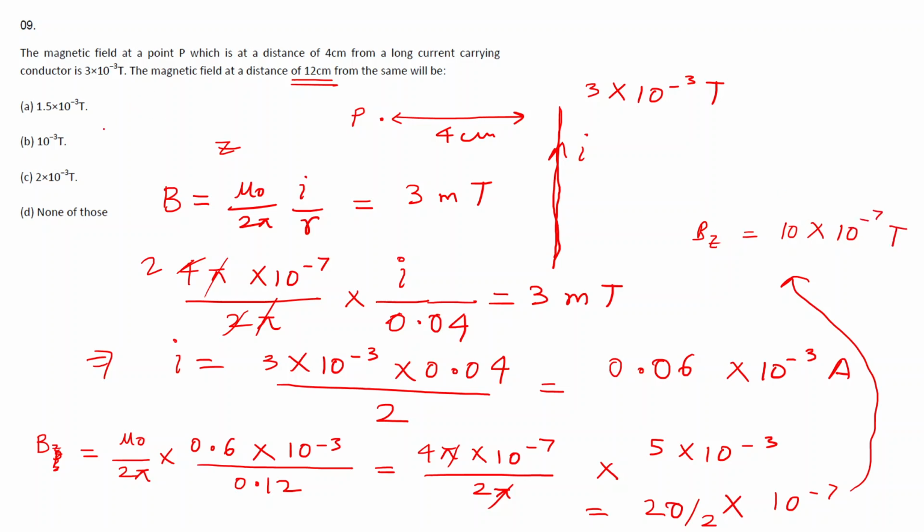So you can write it like, no wait, what happened? It's some mistake. 4 pi into 10 to the power minus 7, 0.6 into 10 to the power minus 3. I think everything is fine.